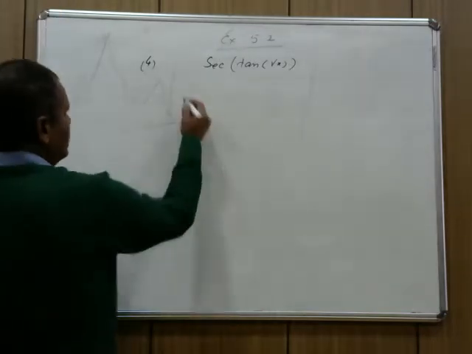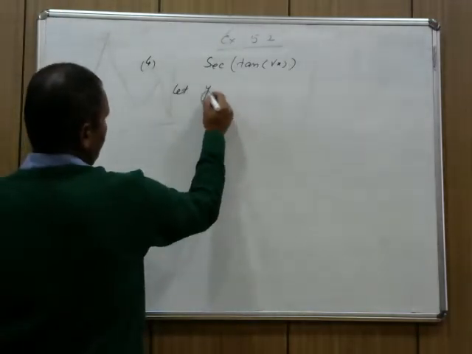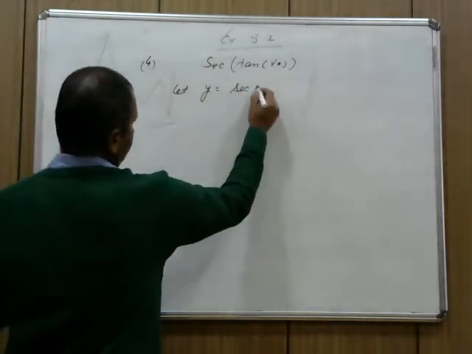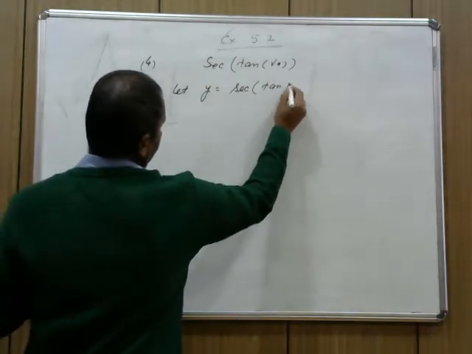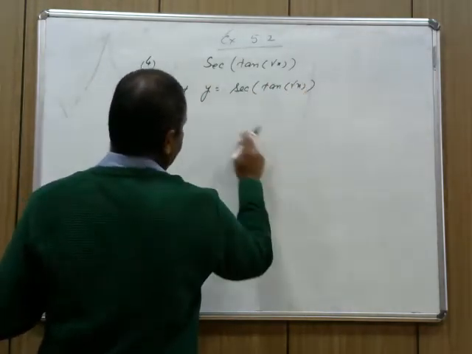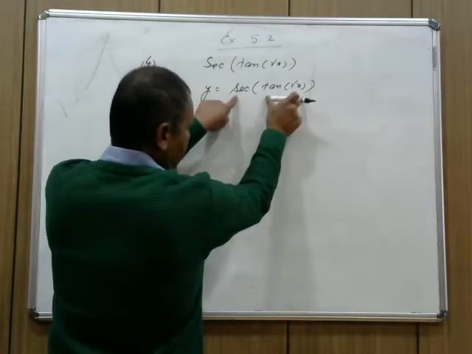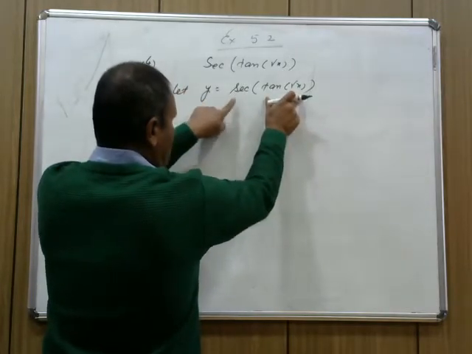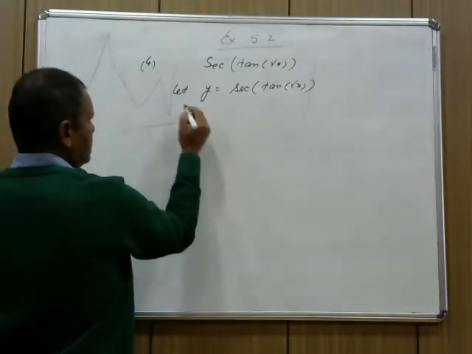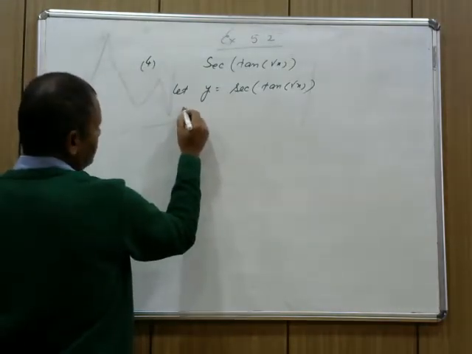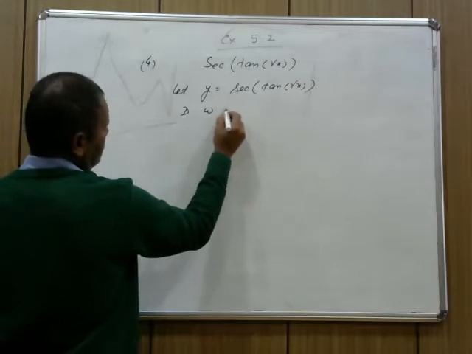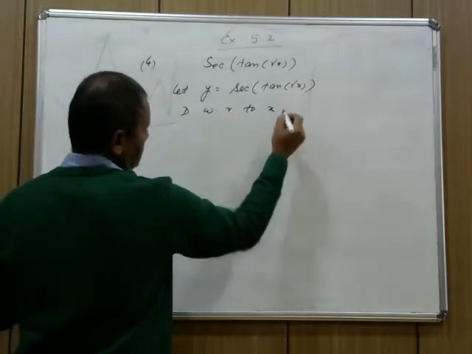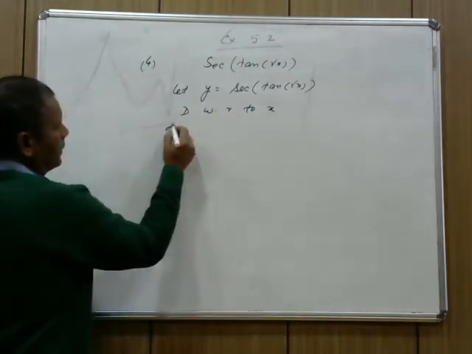Right. Let y is equal to sec tan under root x. Here y is equal to sec x. In place of x, what we have? Tan root x. So now y is equal to sec x. Differentiate both the sides with respect to x.